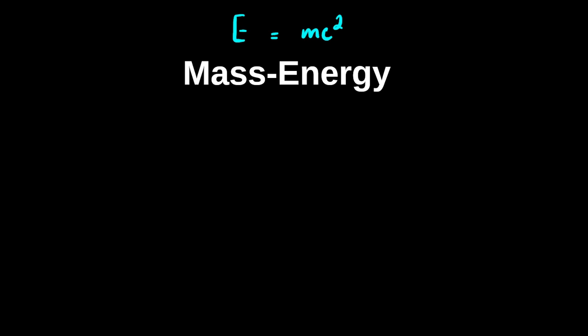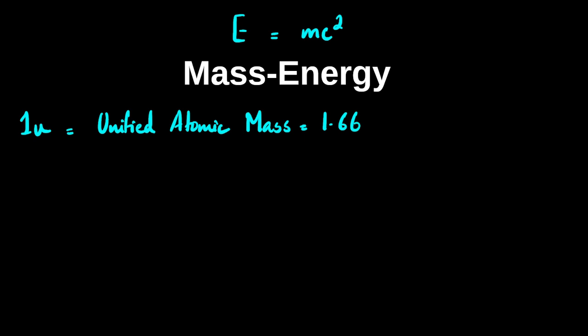So remember that all the masses that we talked about are measured in u, which is basically the unified atomic mass, and this is equal to 1.66 × 10^-27 kg. Not to worry, this is always going to be given in your formula sheet that is attached to the end of your paper.